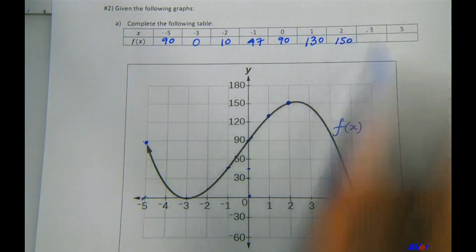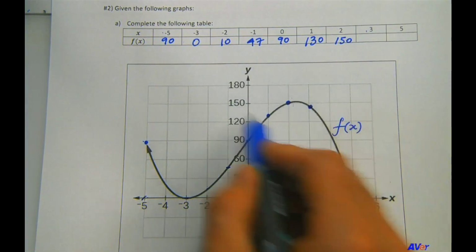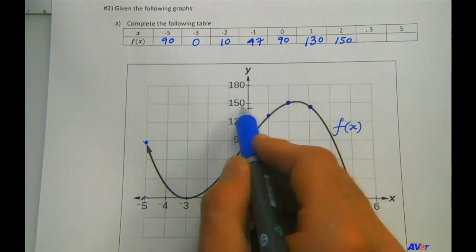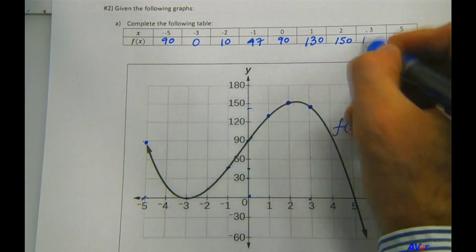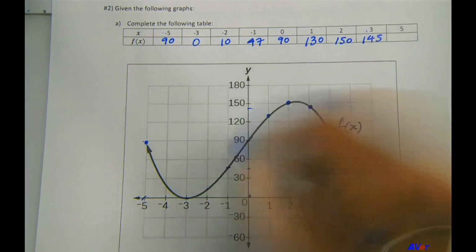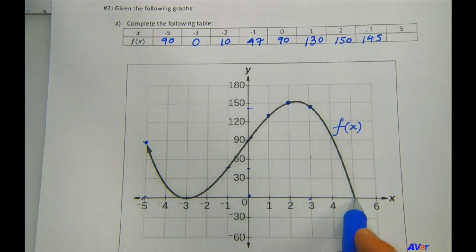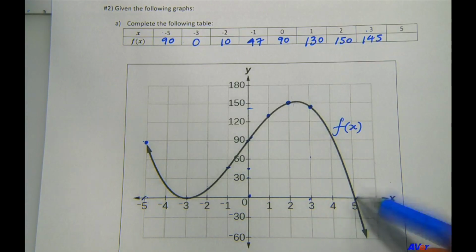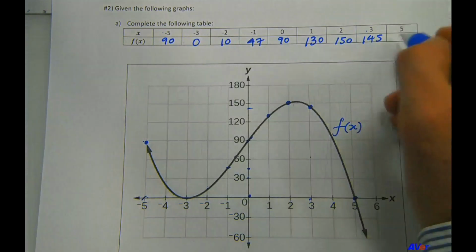At x equals 3, the value of the function is on the curve. So that would be, let's say, 145. So it's turning back down. At positive 5, x equals 5, which is right there, the value of the function is on the line, which is 0.